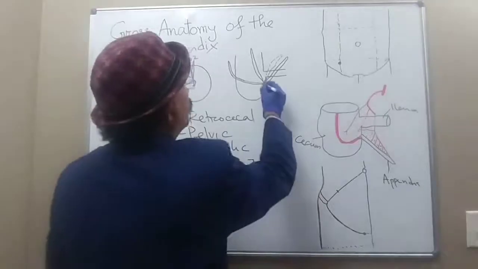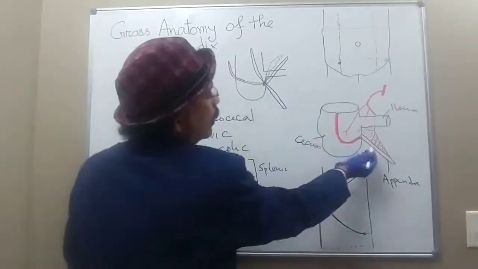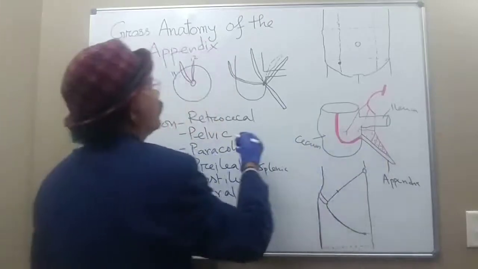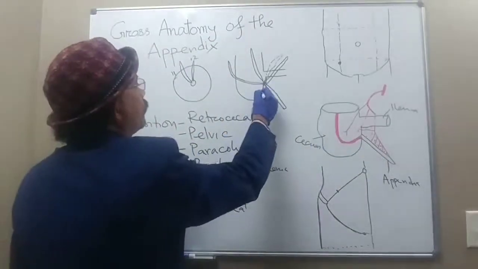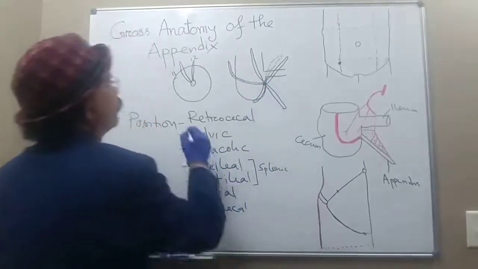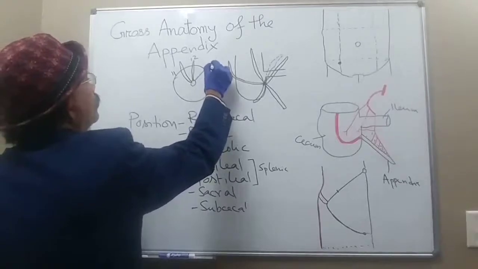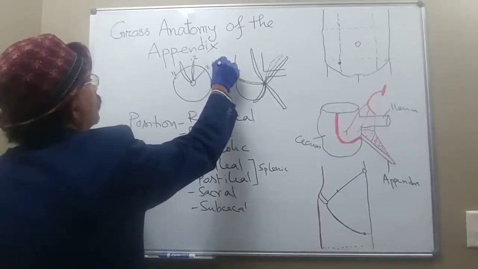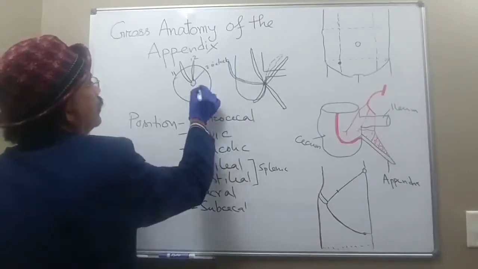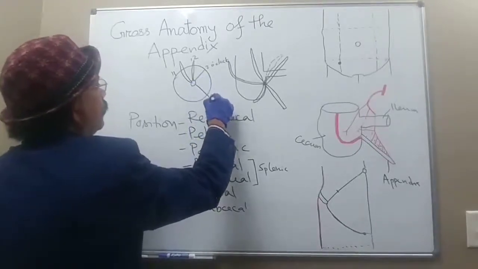So it may be pelvic, like this, or subcecal, at the 6 o'clock position. The 2 o'clock position is splenic. Then the 4 o'clock position is pelvic.